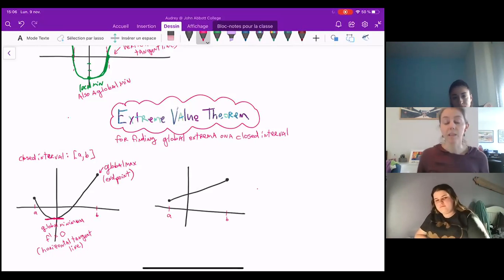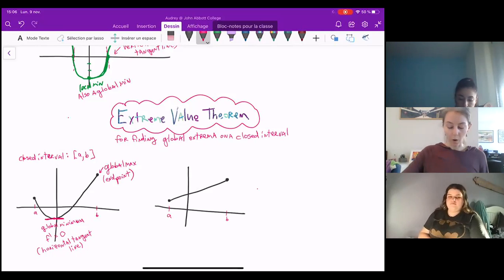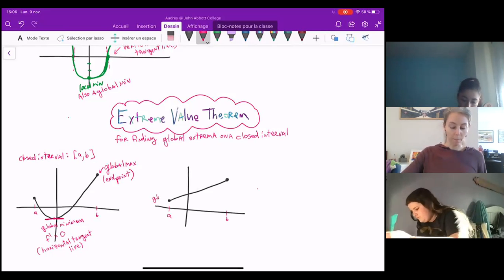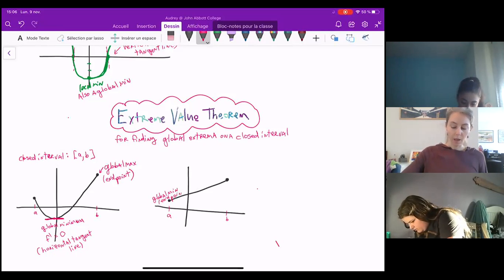I could also have something like this happen, where over here, this is my global min, which is occurring at an endpoint. And this is my global max, which is also occurring at an endpoint.